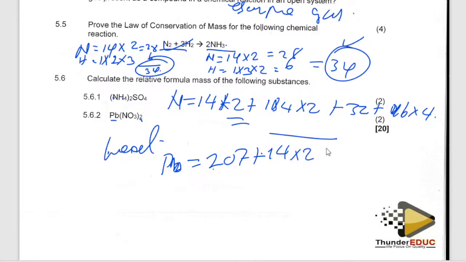Plus oxygen, which is 16 times 3. So the answer you get here, I think you'll get around 331, and then here you'll get around 132. If my addition is not right, you just have to get the correct addition.